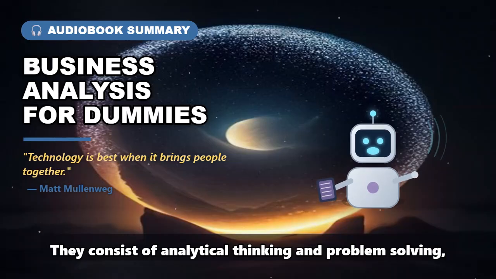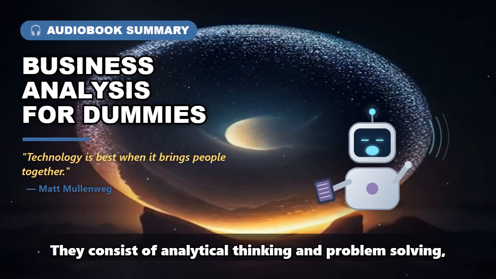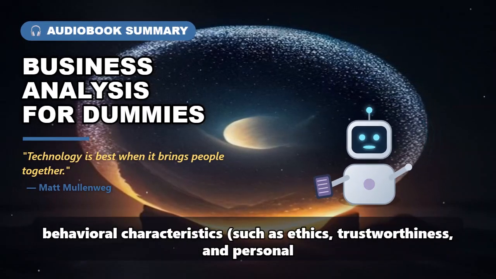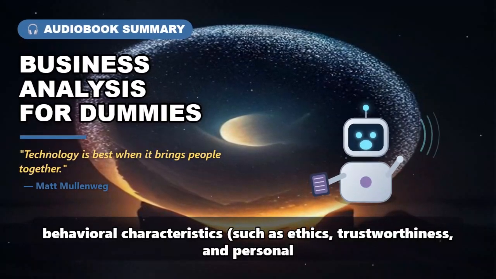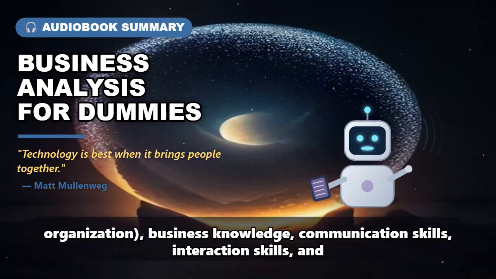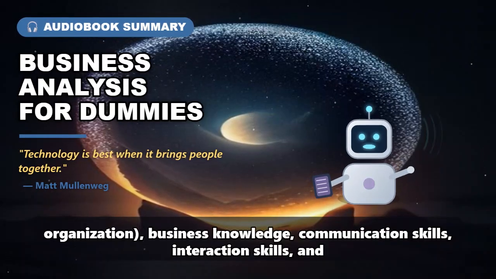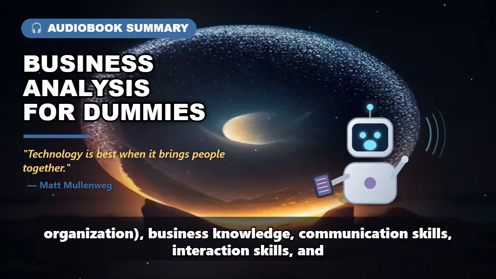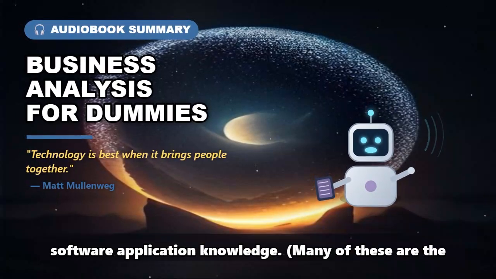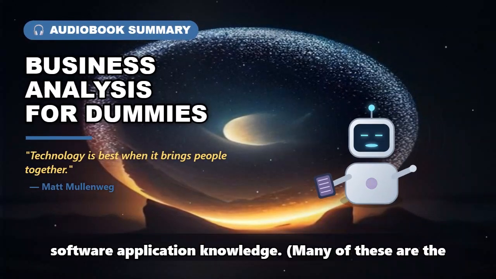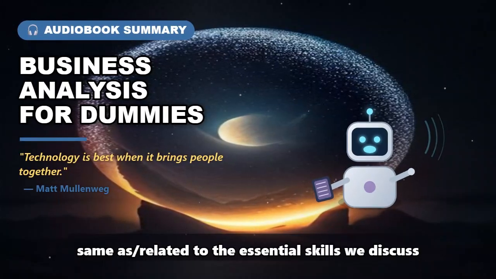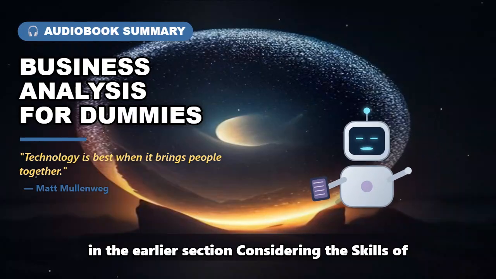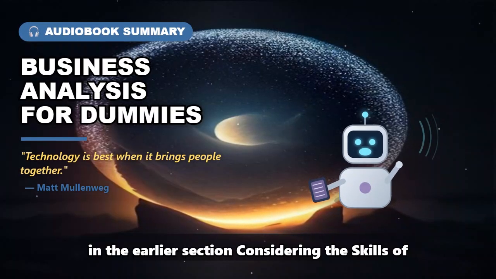They consist of analytical thinking and problem solving, behavioral characteristics, such as ethics, trustworthiness, and personal organization, business knowledge, communication skills, interaction skills, and software application knowledge. Many of these are the same as the essential skills we discuss in the earlier section considering the skills of a successful BA.